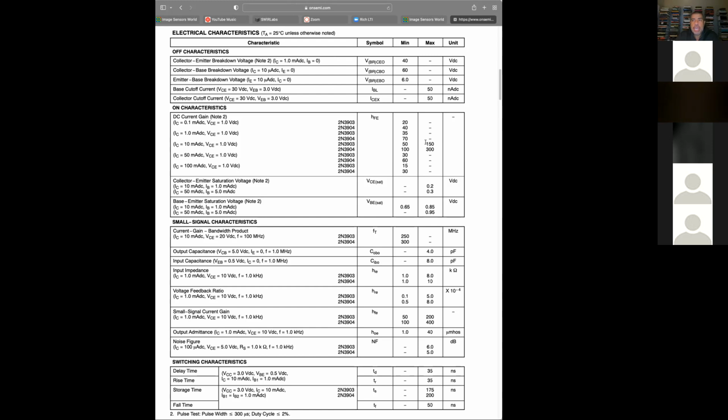So it means all your designs have to deal with really major variations in these devices, because you can't tune every circuit you build.